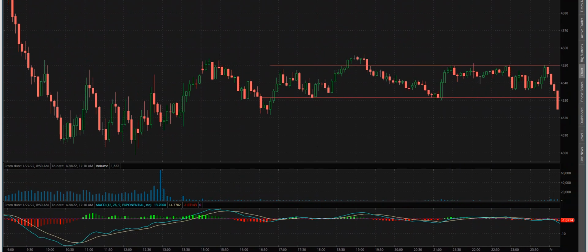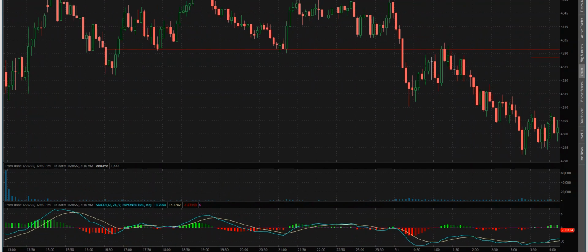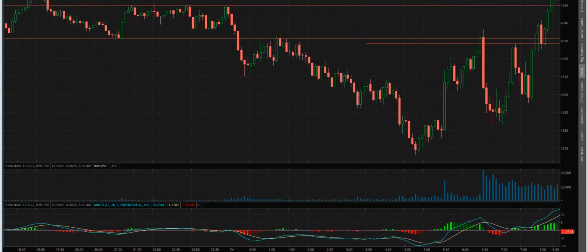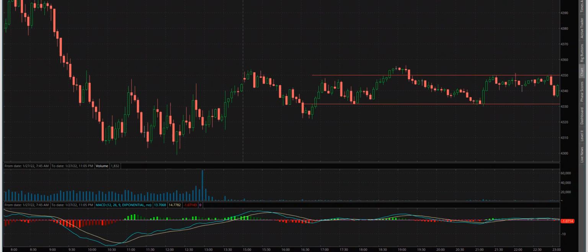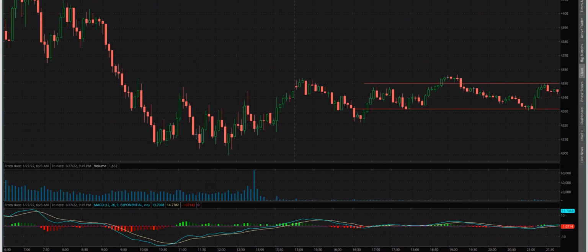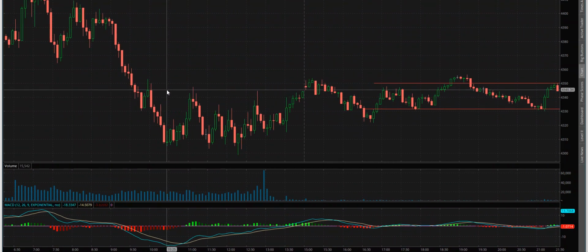Let's see if we find more. So you always have to find some support and resistance lines. These two are also kind of a resistance line here, and these are the support. So let's draw this.